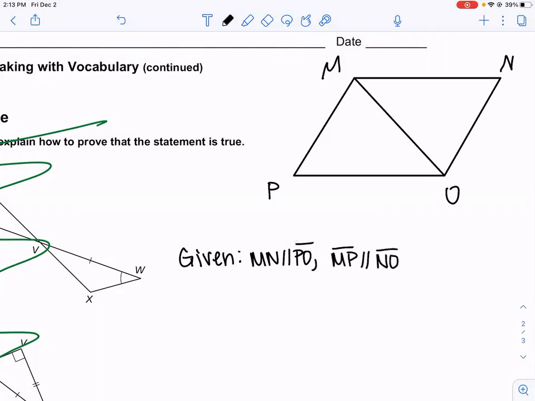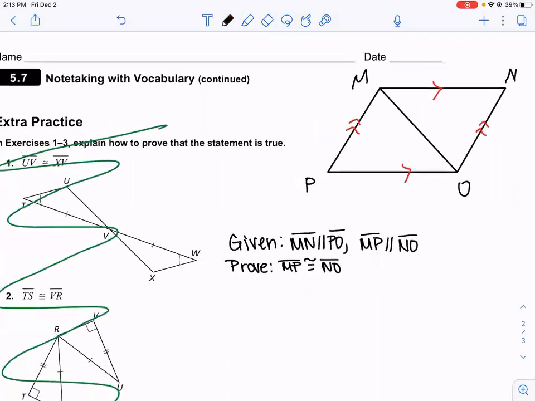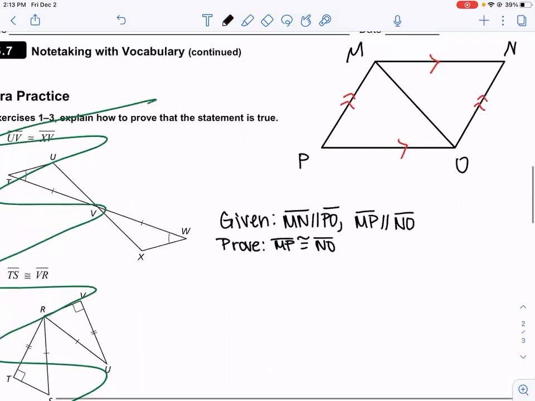So with the given information, Layla, now we can do that. This is the information that I need you to write down.